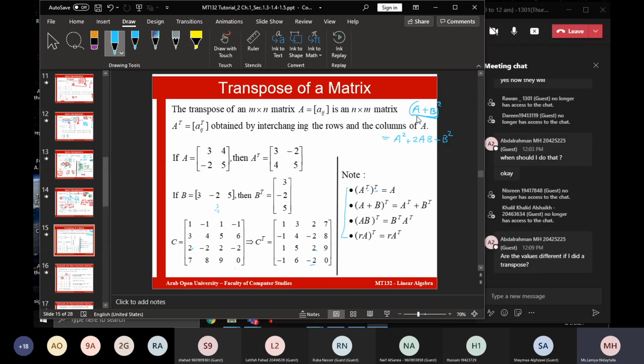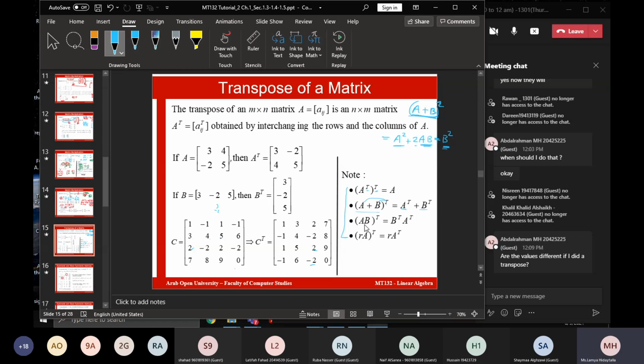So this is completely different. If the question gives me matrix A plus B and says the whole square, find the answer, you have to find this and find that and then multiply it times 2 and then find the B square, and then you add all the matrices together to find the solution. Okay? Here you can solve it like that and then find the transpose or distribute. Okay? So A transpose plus B transpose.